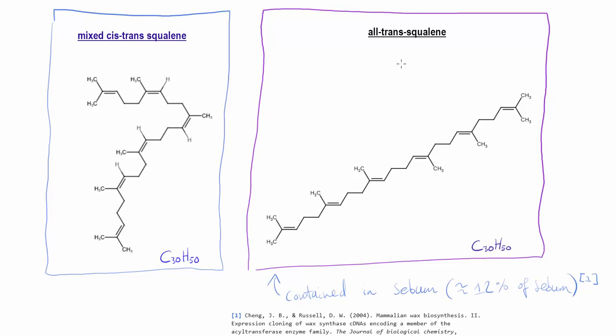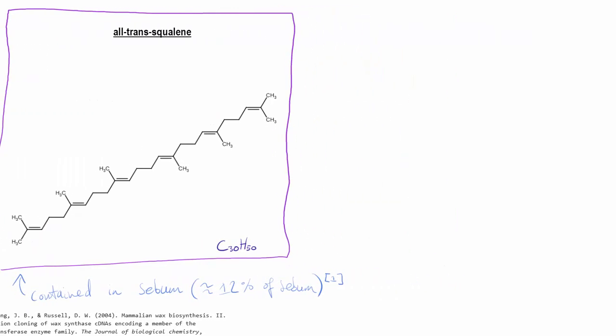And yeah, this is produced in sebum. Sebum contains about 12% squalene, basically. And for those of you who study biology, you would actually come across some of the organelles which are relevant to the production of squalene. So you may come across the endoplasmic reticulum.